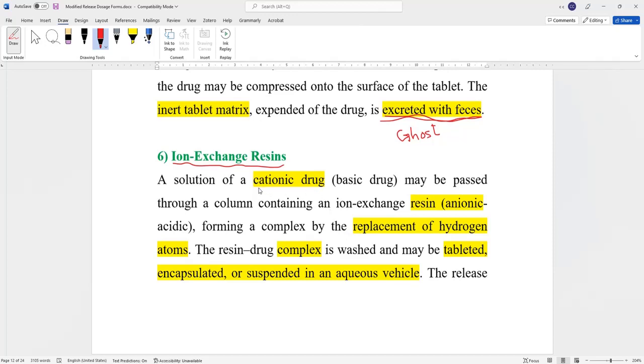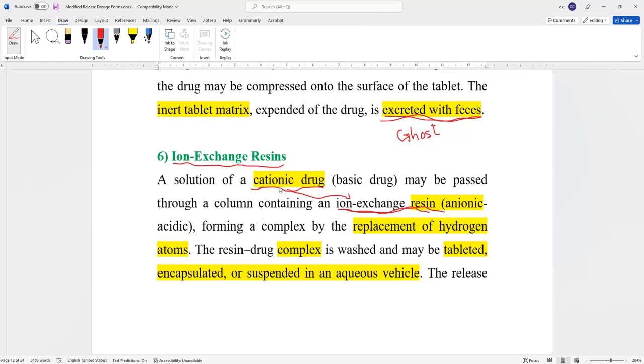You will have a cationic drug. Of course, you can also have an anionic drug, but this is an example. You have a cationic drug, and you prepare a complex of this drug with an ion exchange resin. Of course, a resin is something that is not soluble.